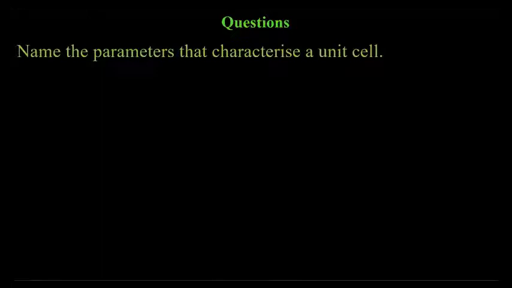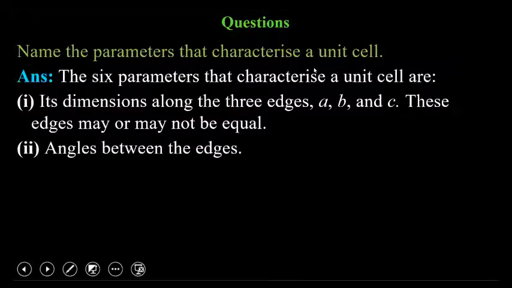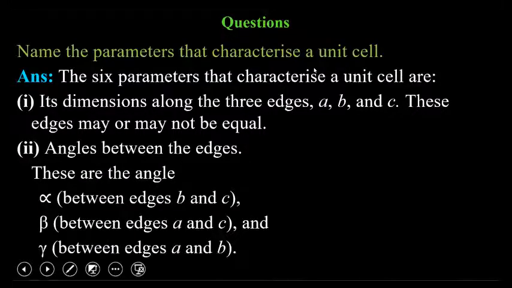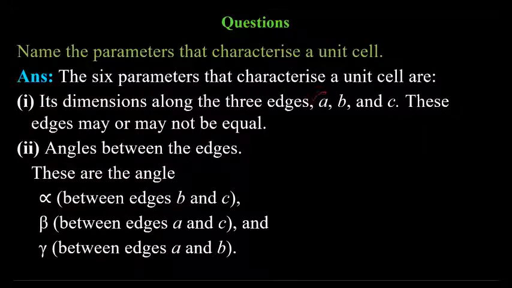So the 6 parameters are sides and angles. 3 sides A, B, C. 3 angles alpha, beta, gamma. Three sides or edges A, B, C. 3 angles alpha, beta, gamma. Alpha is between B and C edges. Beta is between A and C edges.